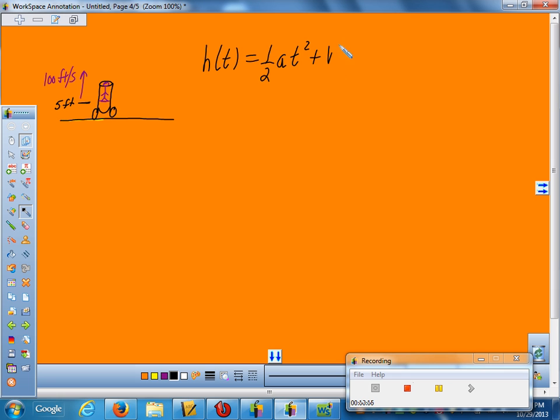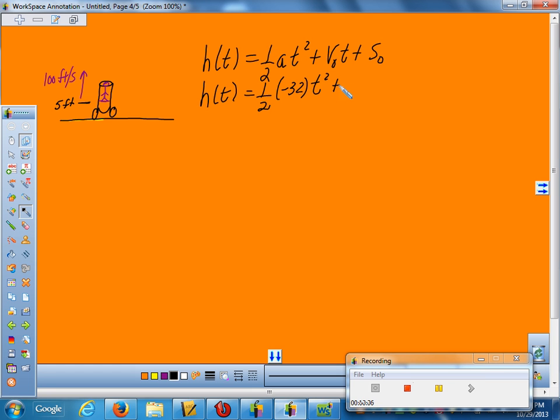So I need you guys looking at your notes. What acceleration of gravity are we using in this problem? Are we in feet or meters? We're in feet, so his acceleration would be negative 32. T is your variable. It's like your x in your quadratic equation, so we're going to have t squared. What's the initial velocity?